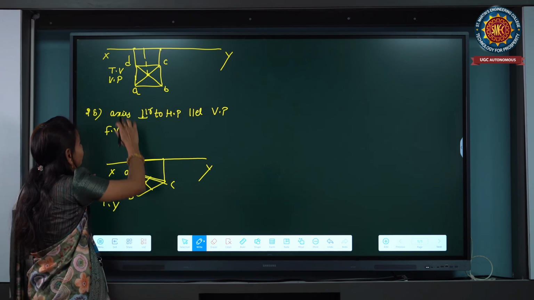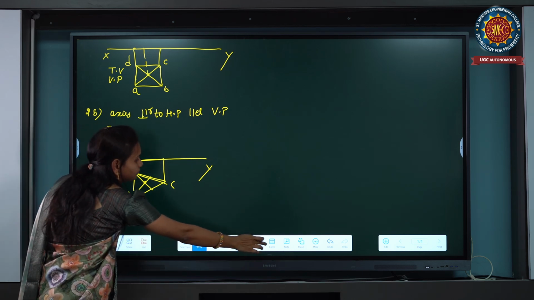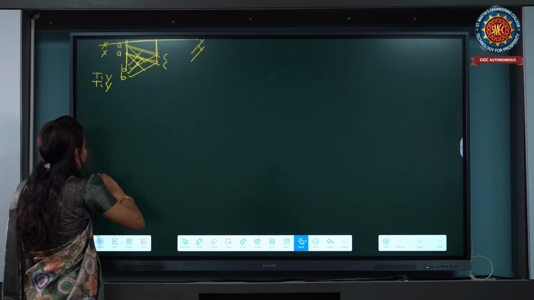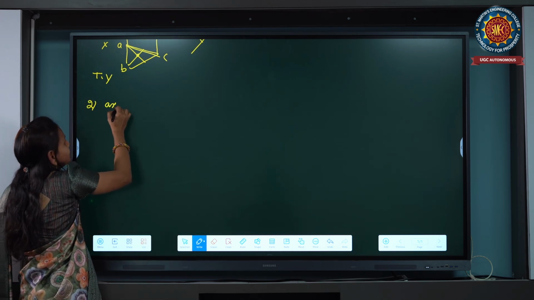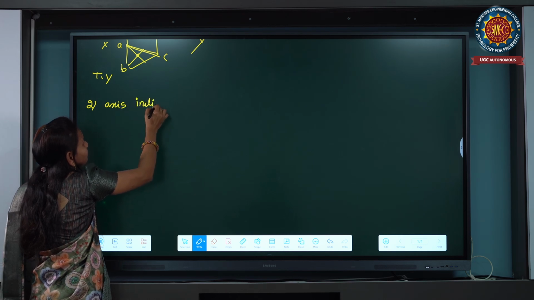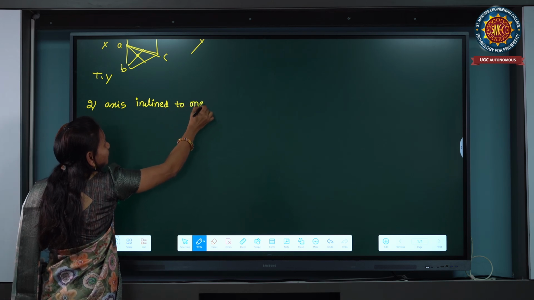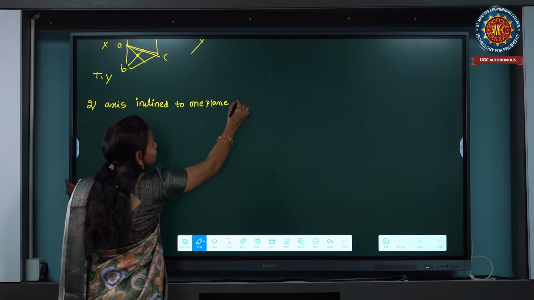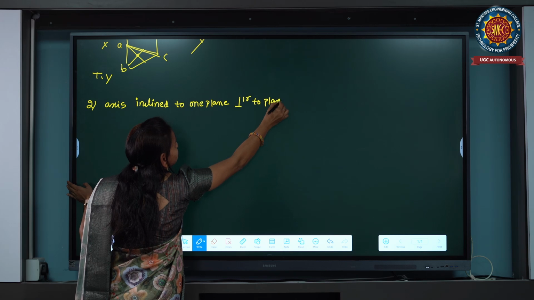First condition is done. So the second condition is axis inclined to one plane and perpendicular to the other plane. So what is the condition?